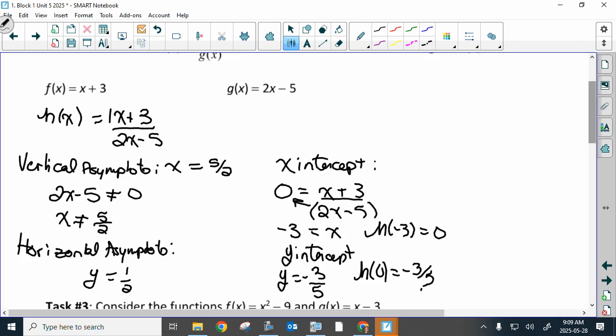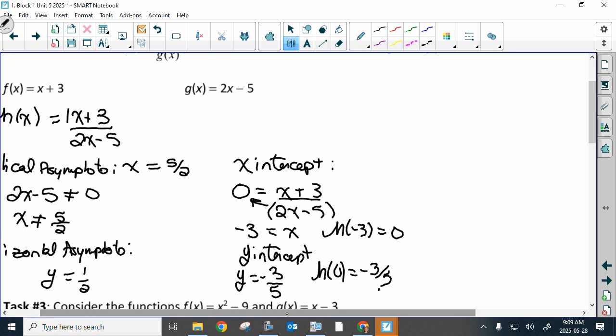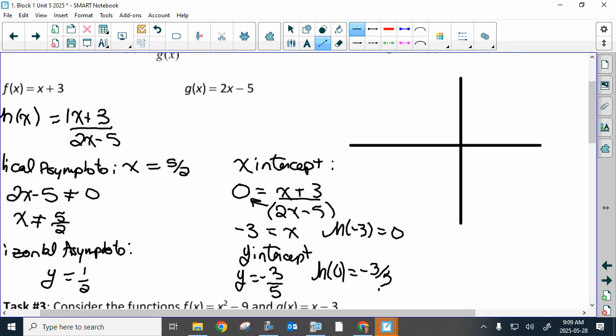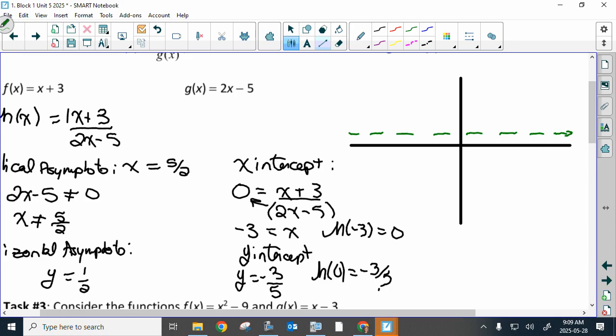So let's graph this function, just so that we can state the domain and range. So right away, we've got y is equal to 1/2. Degree on top was the same as the degree on the bottom. Label it. And then I've got the 5/2, which is going to be, and as long as I have a bit of a sense for where it is, this is going to be x is equal to 5/2.